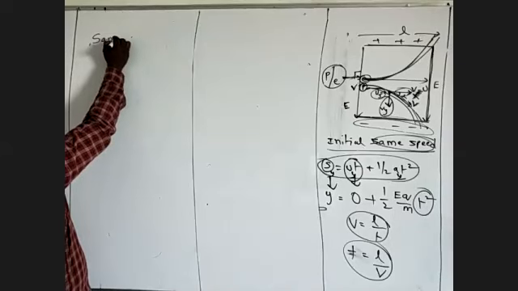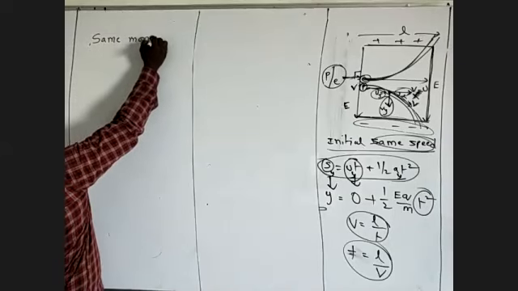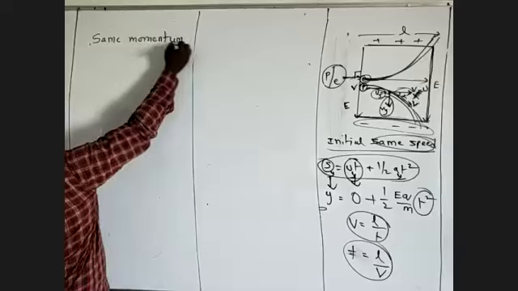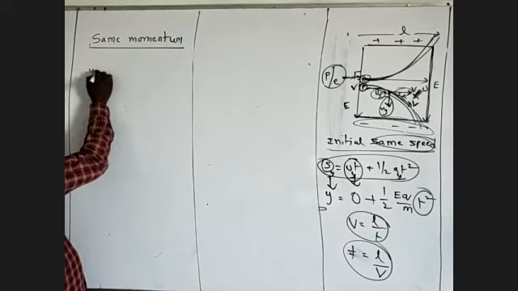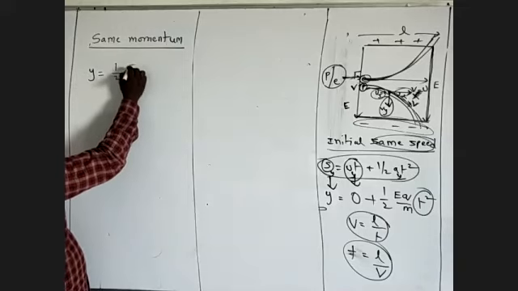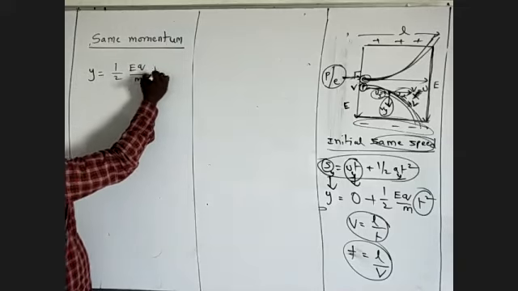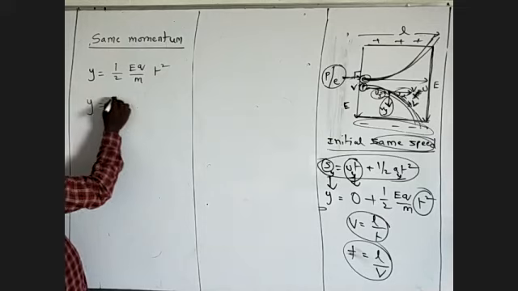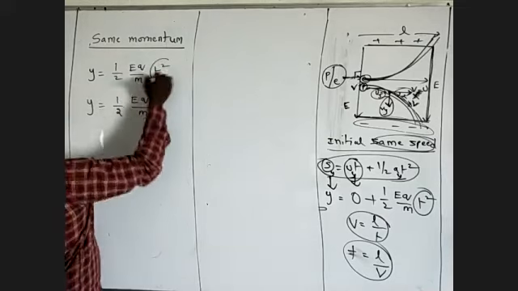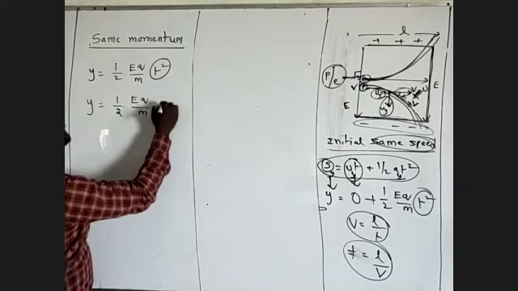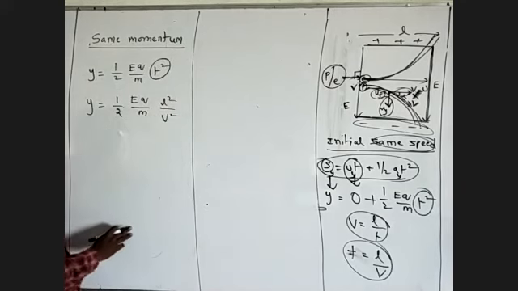Same momentum. Initially, same momentum. Now you can take y equal to 1 by 2 eE t squared by m. Now t squared means L squared by v squared.